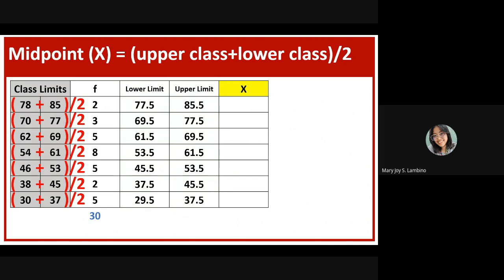Let's add another column, which is the midpoint, represented by letter x, in which upper class plus lower class divided by 2. So let's have here 30 plus 37 divided by 2, 38 plus 45 divided by 2, 46 plus 53 divided by 2, 54 plus 61 divided by 2, 62 plus 69 divided by 2, 70 plus 77 divided by 2, and 78 plus 85 divided by 2.